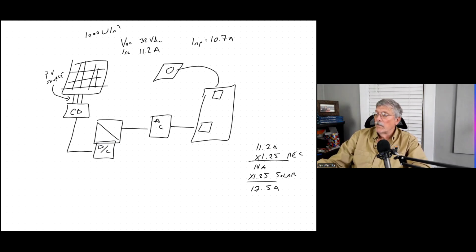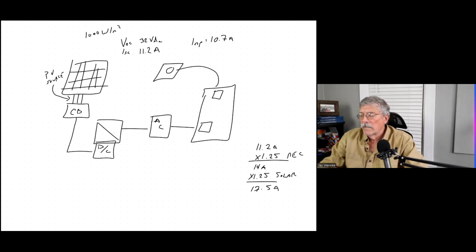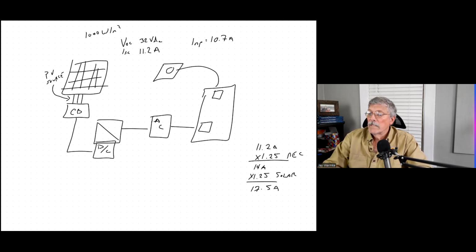If it's a microinverter, then that's connected directly to the panel, so we never use that second 1.25 because the microinverter is already controlling. Power optimizer, already controlling. So as soon as you hit that first electronic device, you stop doing that second 1.25. This is something everybody forgets. You need to multiply twice.